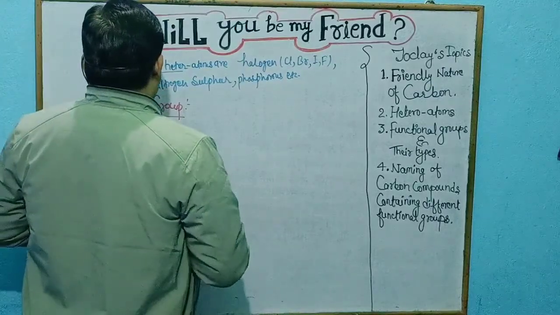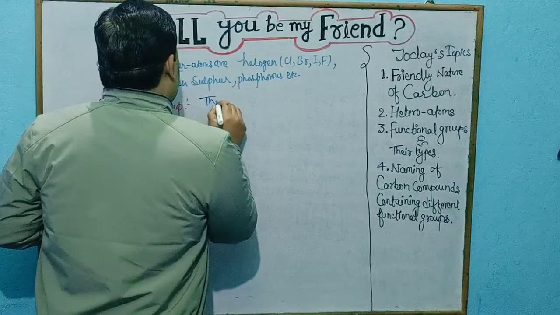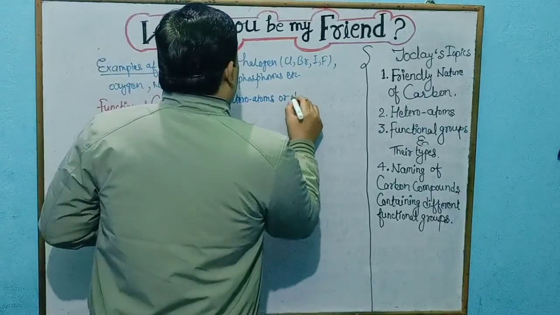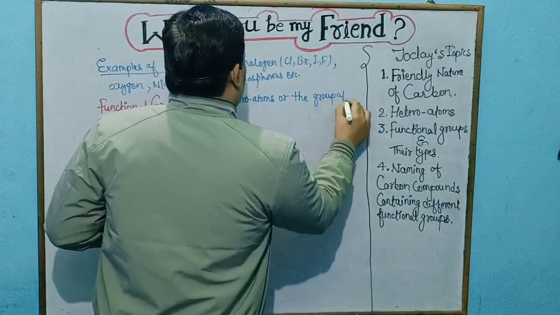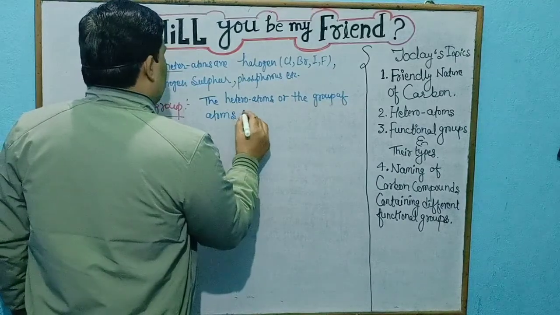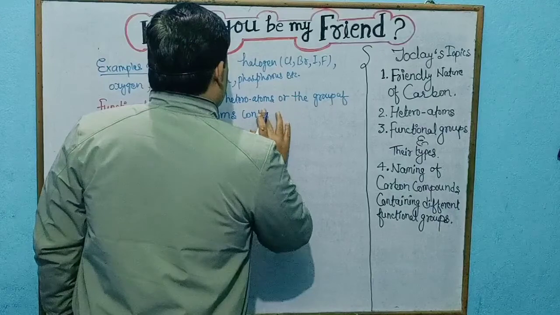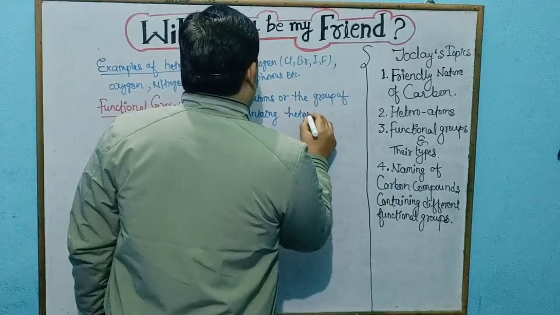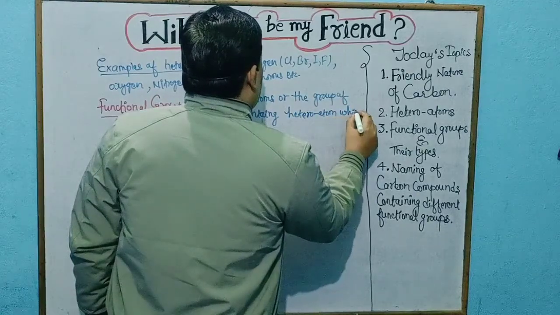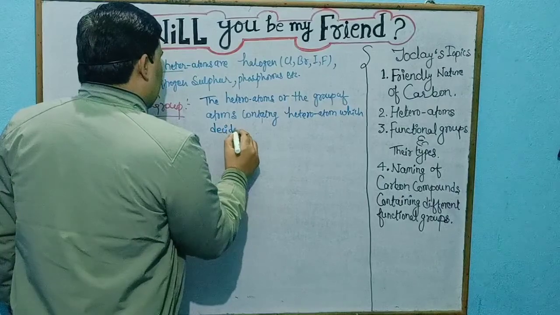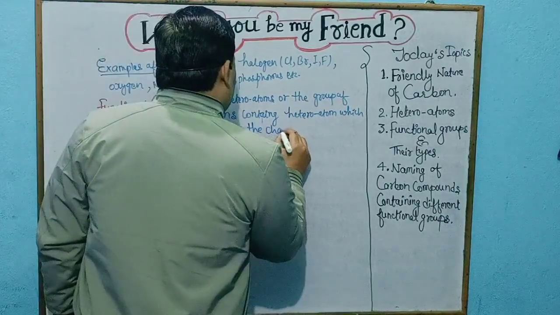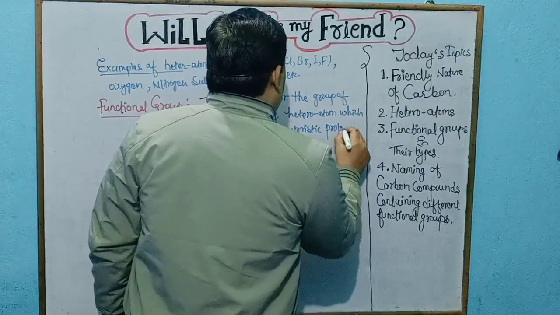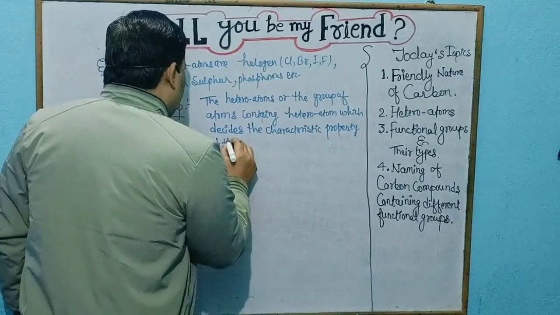Functional groups are defined as the heteroatoms or the group of atoms containing heteroatoms which decide the characteristic property of the carbon compound.